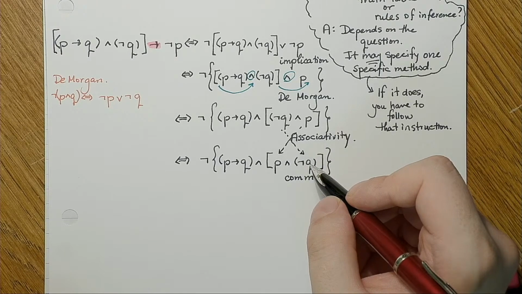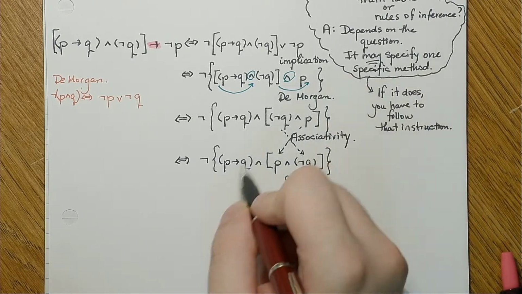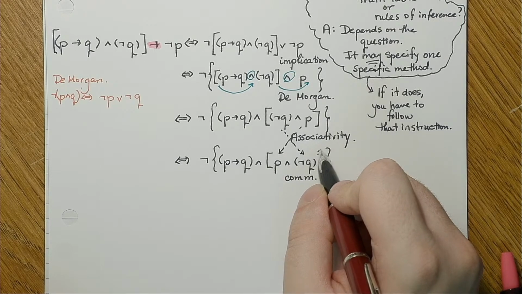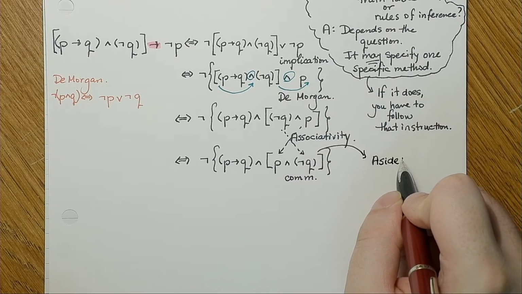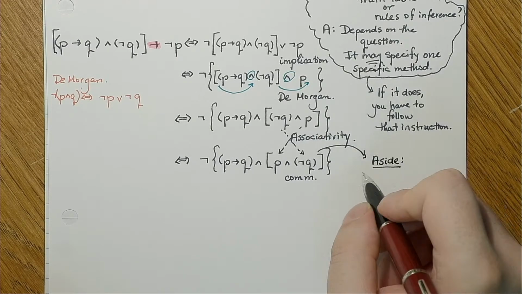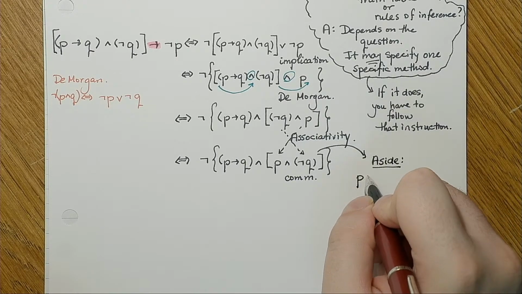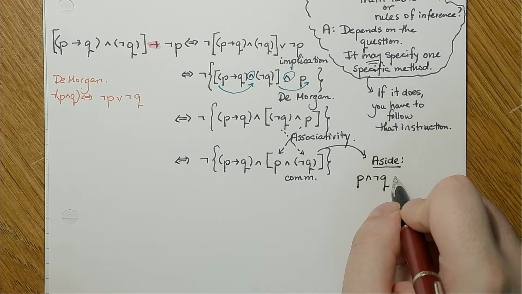And I'm kind of getting tired of carrying all this. So what I'm going to do is just here's an aside. Over here, I'm just going to say I have P and not Q.